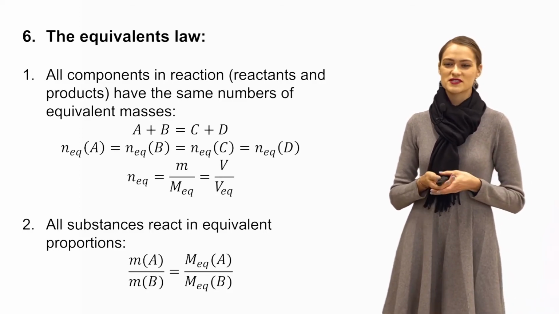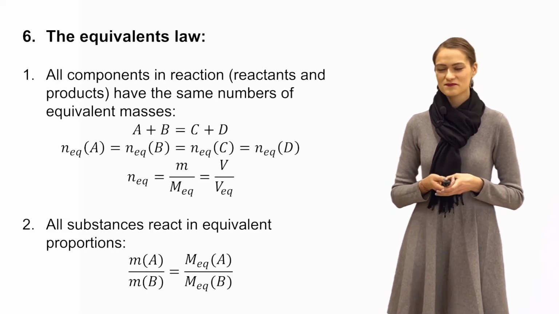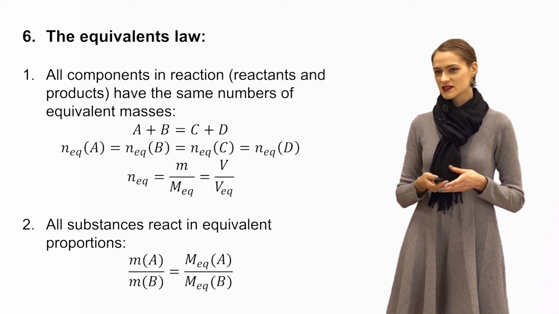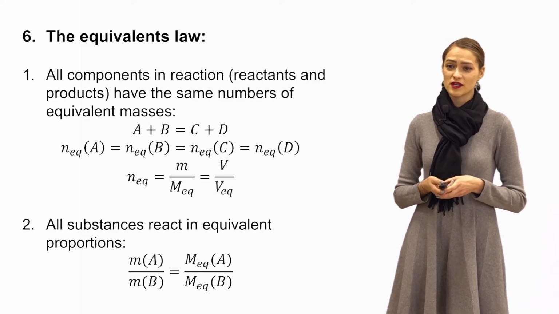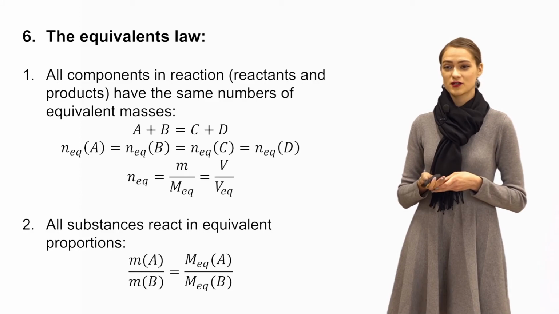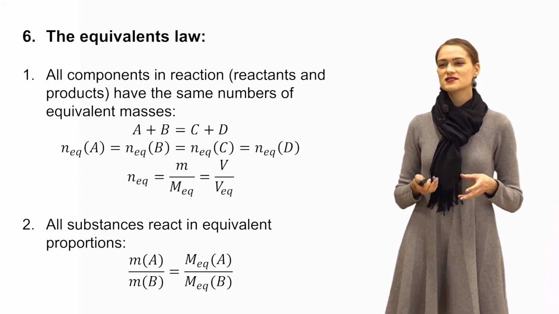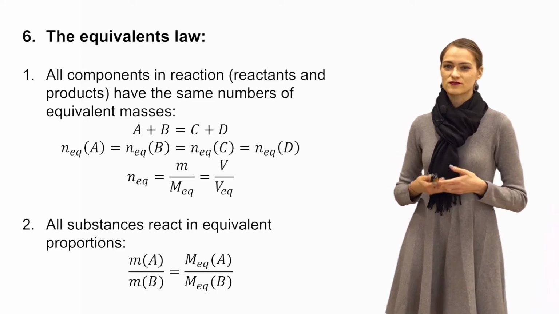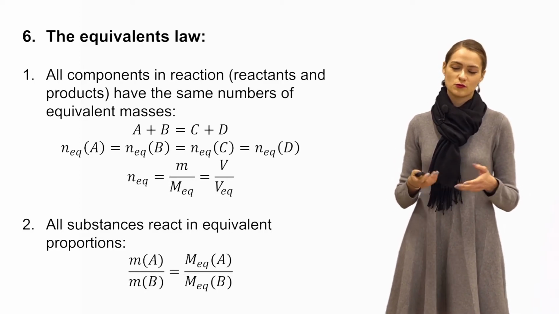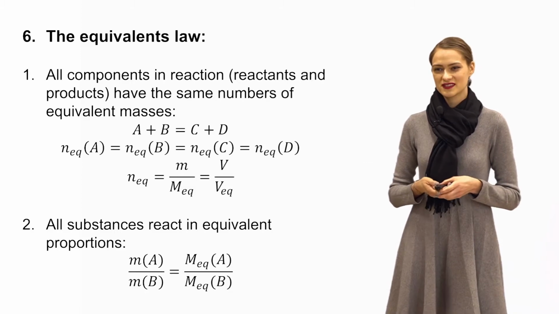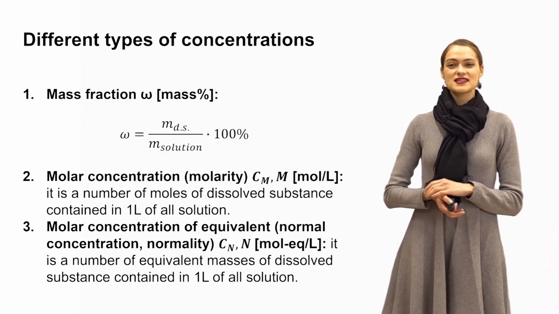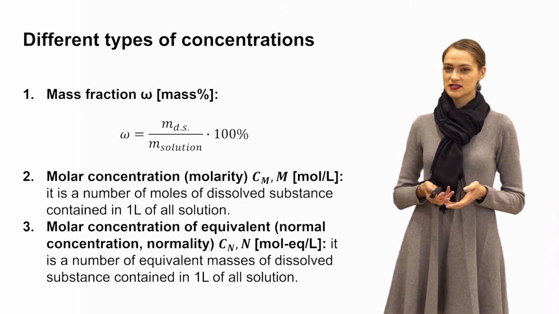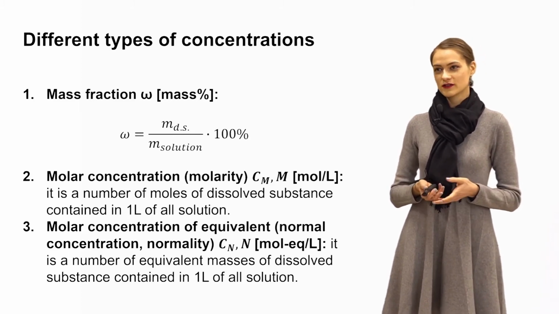For example, if substance B is a gas in our reaction, of course, instead of the mass of this substance, we can use volume and equivalent volume. So it depends on the situation, on the task, on the reaction which we have. As I said, we have three mathematical equations for the law of equivalence.